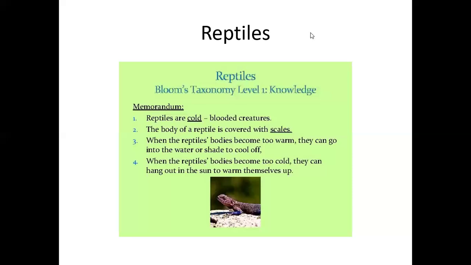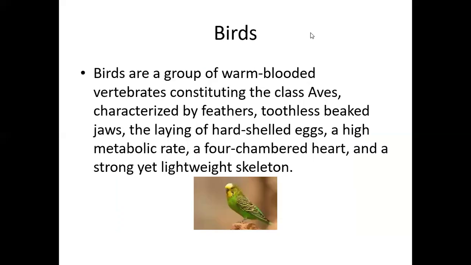Next are the birds. Birds are a group of warm-blooded vertebrates, again like mammals. They can also maintain their body temperature. They constitute the class Aves, characterized by feathers.